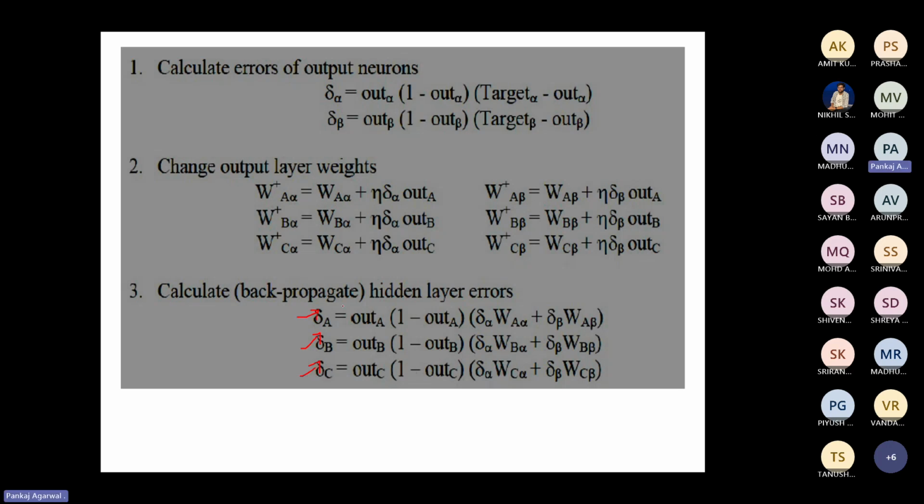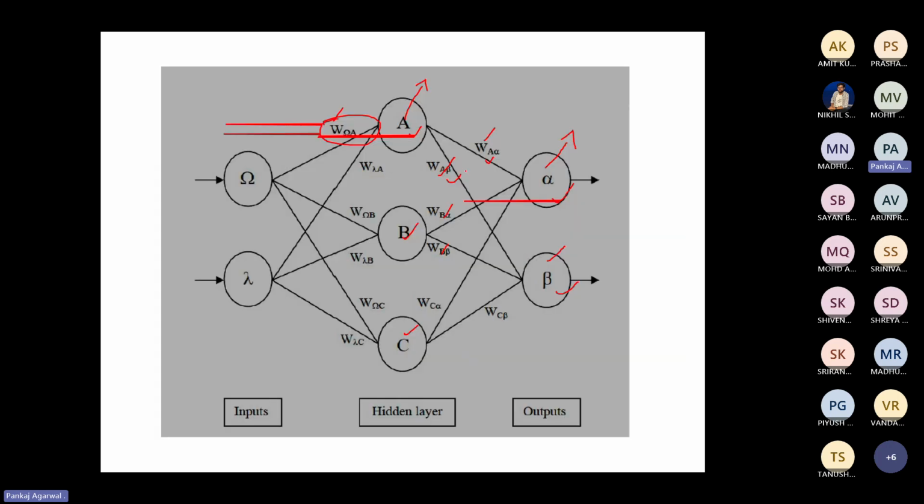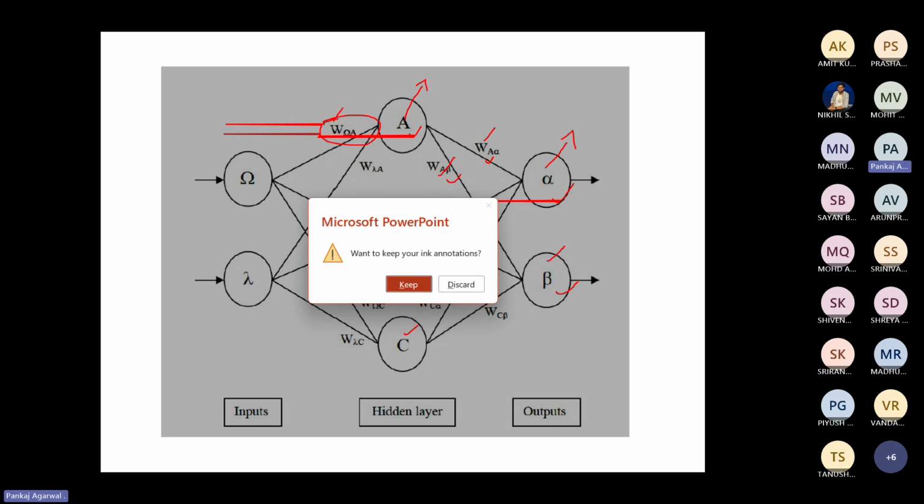What is back propagation? So I'll calculate the error at A, B, C. I've started using the term error. You got my point first? Now, how does it happen? So I'll again remove this so that this does not confuse you a bit.